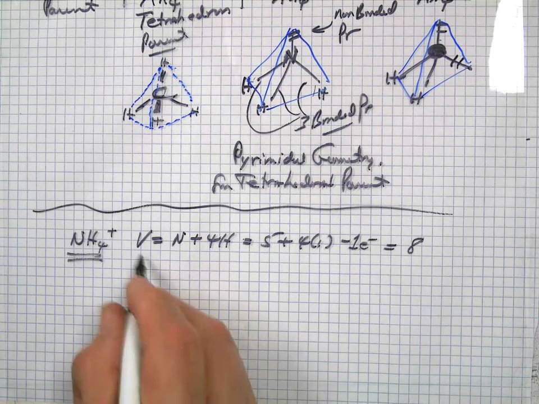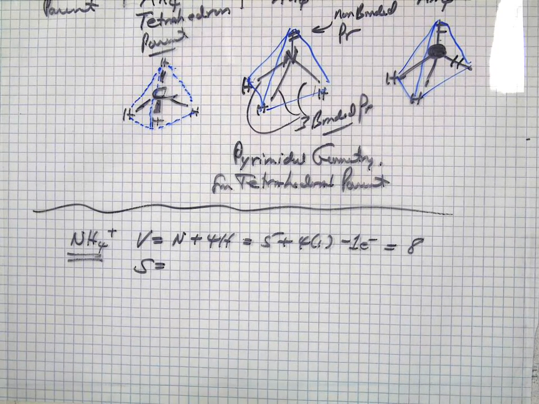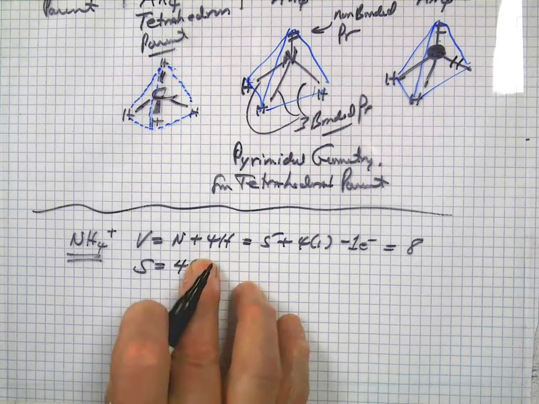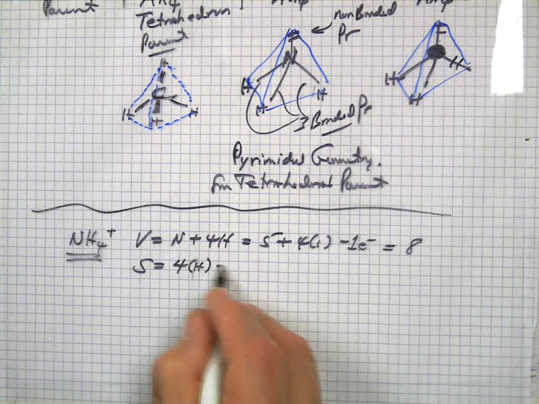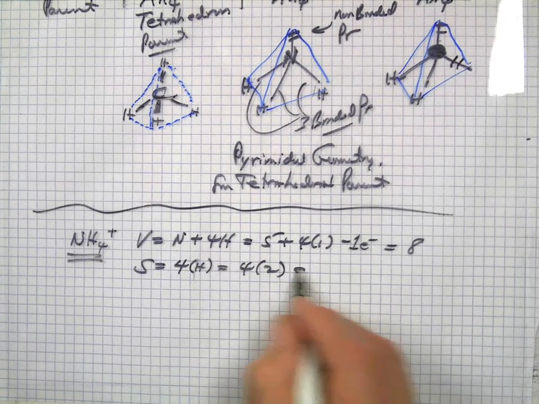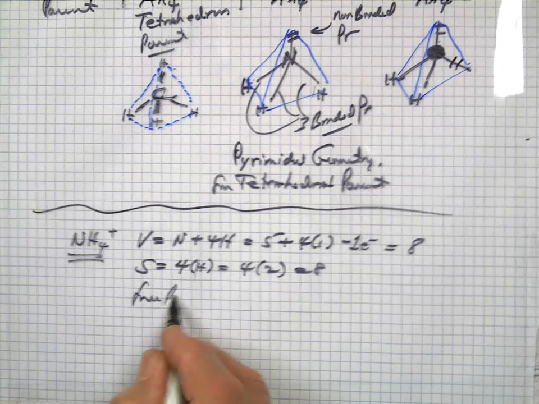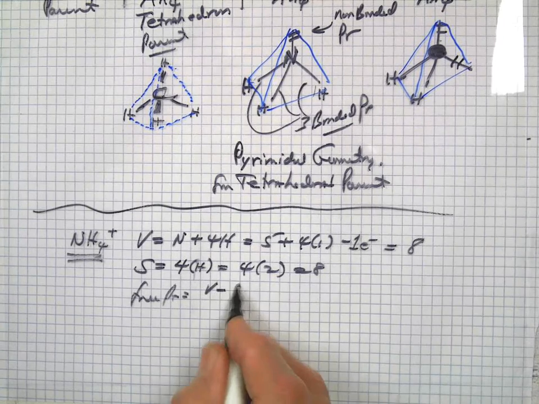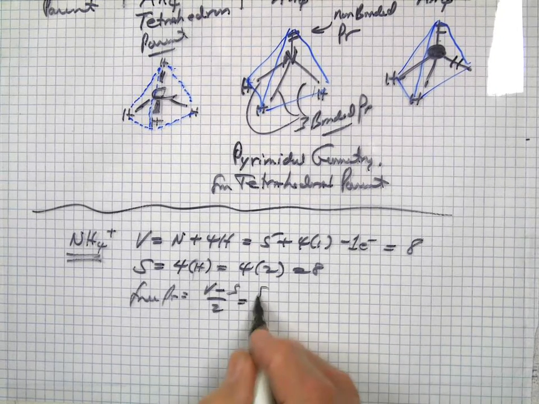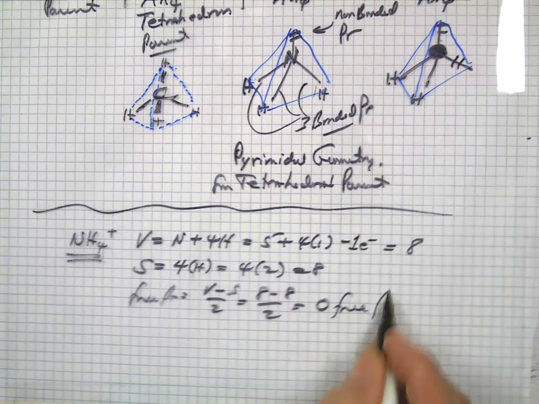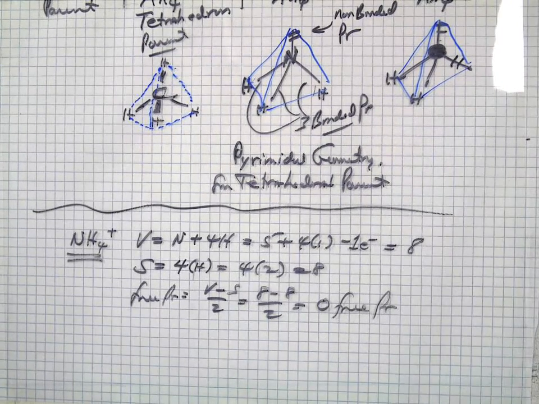Okay, the substrate number, straight away calculate the full shell. We have 4 substrates times 2. Well, I better put it in there, I'll confuse somebody. 4 times 2, that's 8. So you see we have a free pair calculation. Valence minus substrate over 2. Valence is 8. Substrate's 8 over 2, or 0 free pair. So no E's, so to speak, okay? No E's in here.